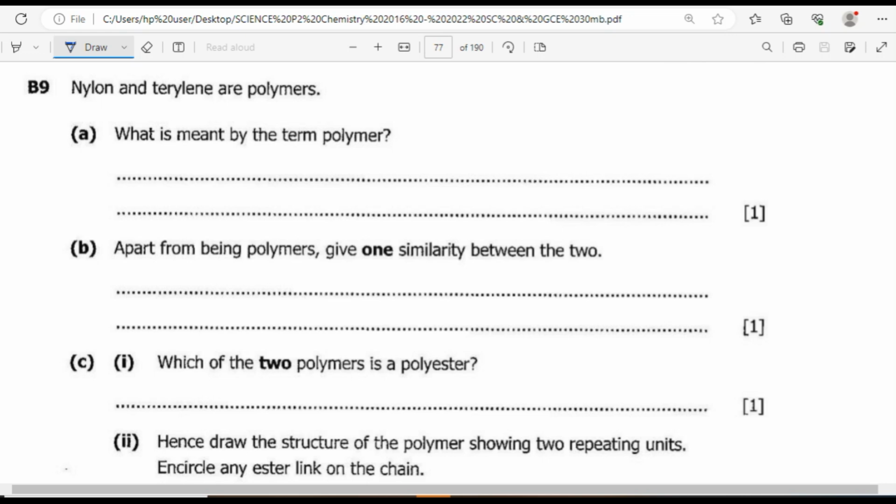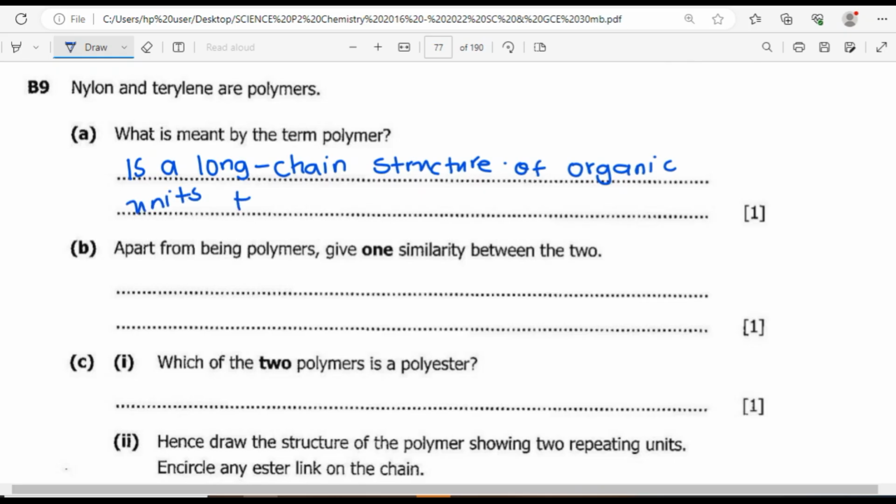So a polymer is defined as a long chain structure of organic units that may repeat throughout the structure. So that is what we can look at here.